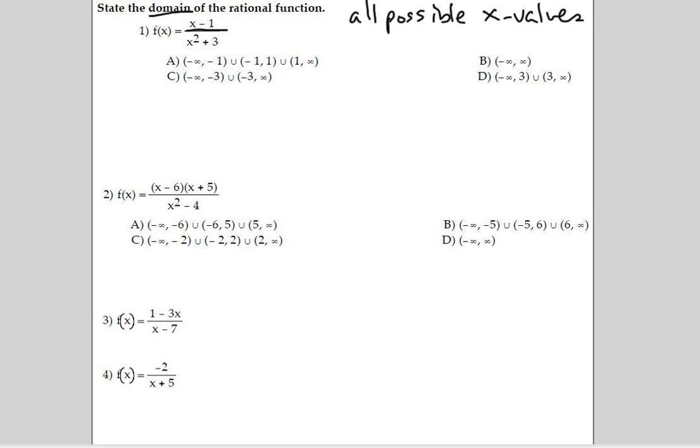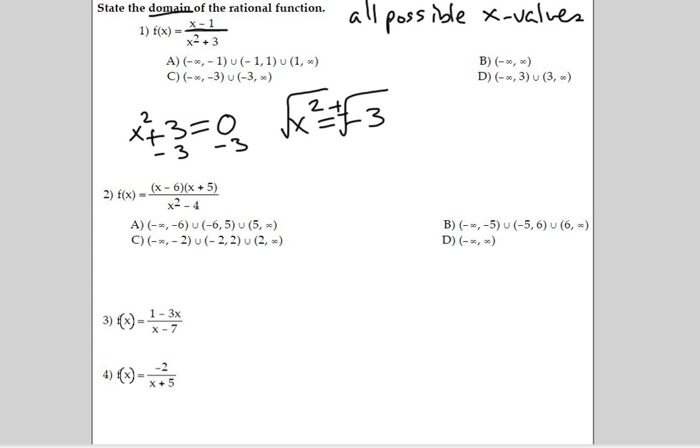Because we cannot divide by 0. So what x will make this denominator, which is x squared plus 3, equal to 0? Well, nothing is going to make this 0, because if you try to solve for x, you're going to get imaginary numbers. So no real numbers will make this 0.